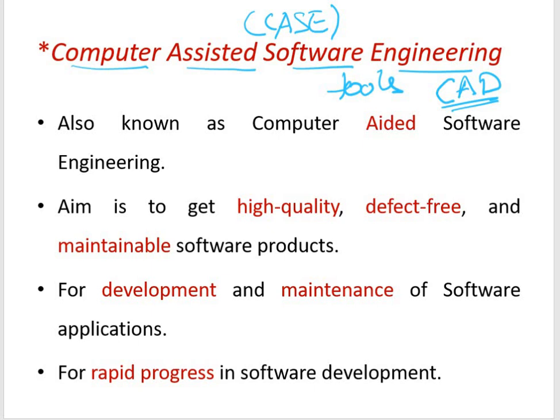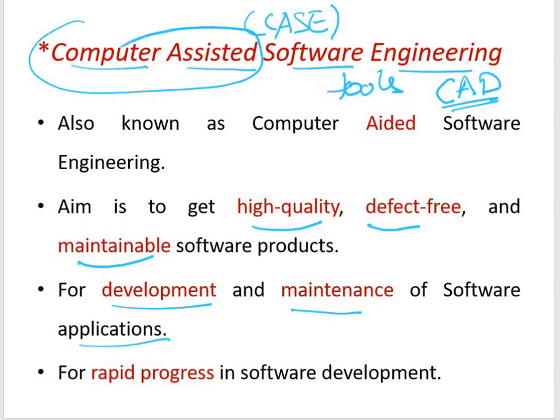So the CASE tools are used for developing high quality, defect free and maintainable software products. On top of it, for the development and maintenance of the software applications as well. And since it's computer assisted or aided, this is for the rapid progress of overall software development. Right, so for the rapid, I'll go ahead with CASE tools. Rapid development.